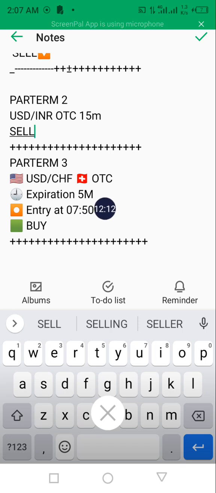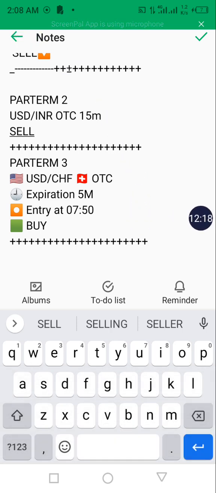Okay, this is my clock now above here. Let me assume that it's a 5-minute duration.